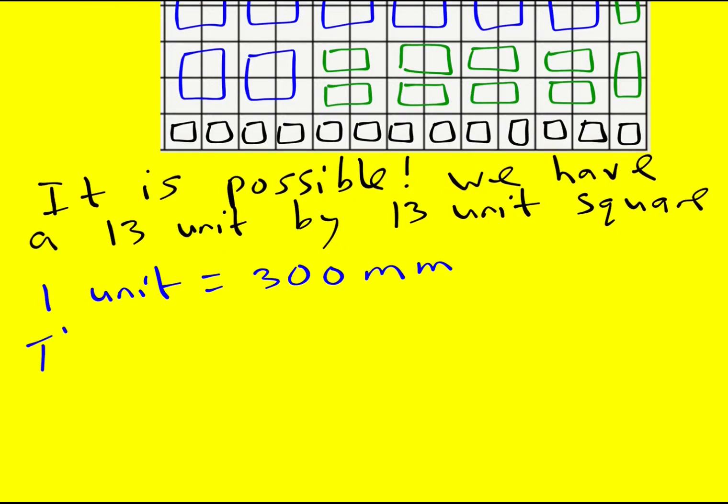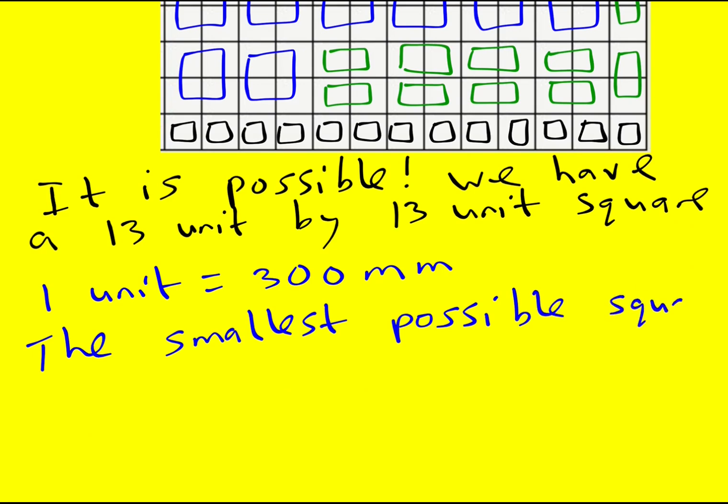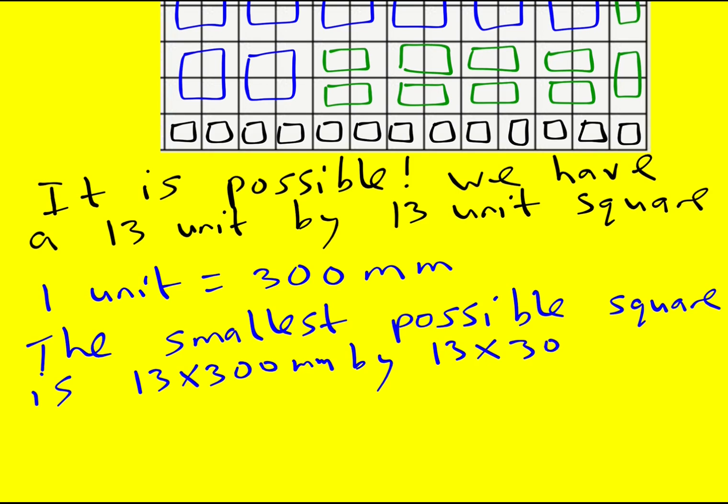So the smallest possible square is 13 times 300 millimeters by 13 times 300 millimeters. 13 times 3 is 39, so it's going to be 3,900 millimeters by 3,900 millimeters.